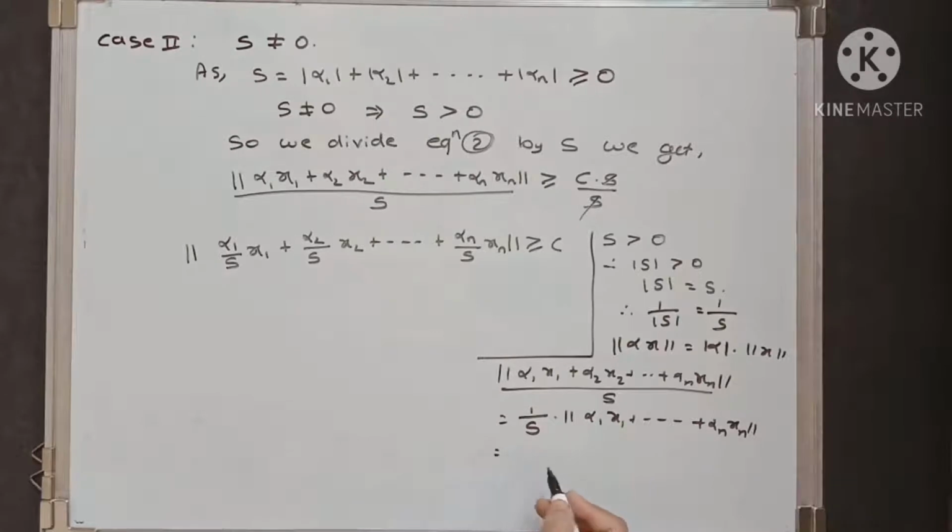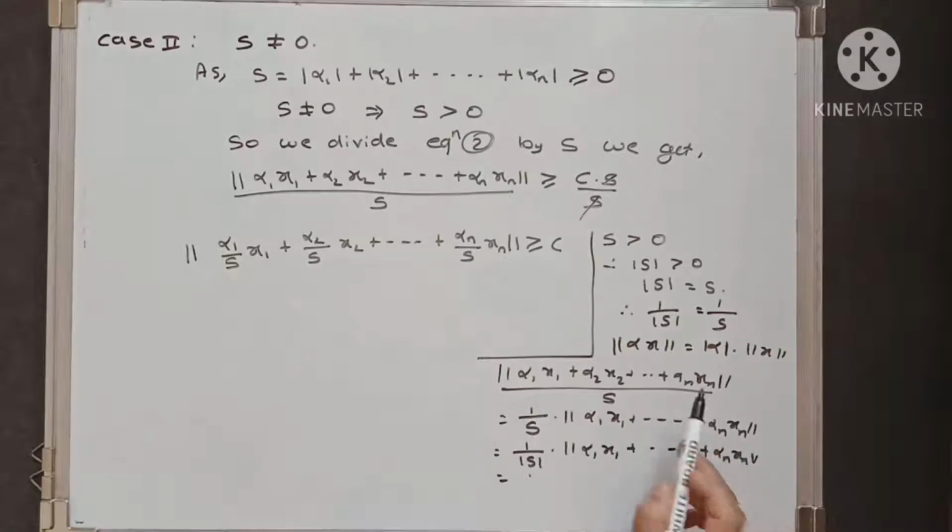It is equal to 1 divided by mod s into again norm of alpha 1 x1 plus up to alpha n xn.